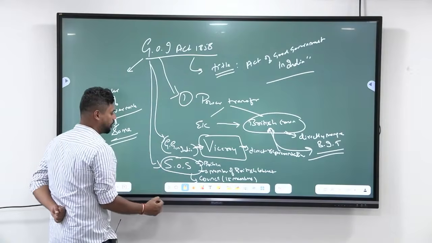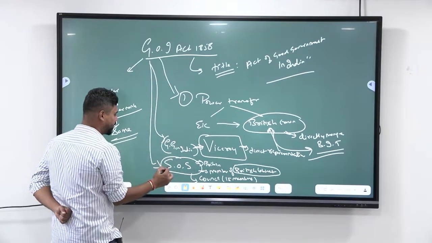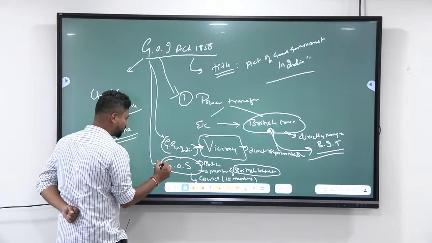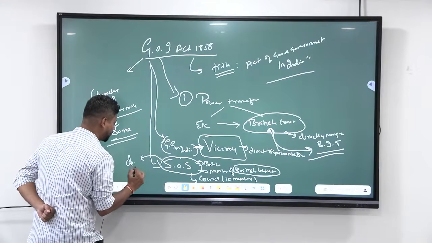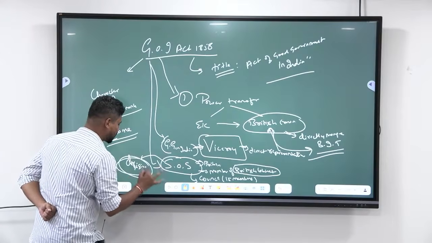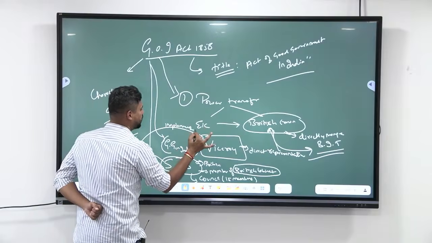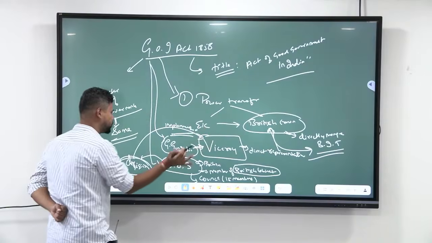The council will be of 15 members. So overall, what is this British cabinet member doing? This Secretary of State is the one who will take the decisions, and the decisions taken by the Secretary of State will be implemented by the Viceroy. So this is what the Secretary of State and Viceroy are.